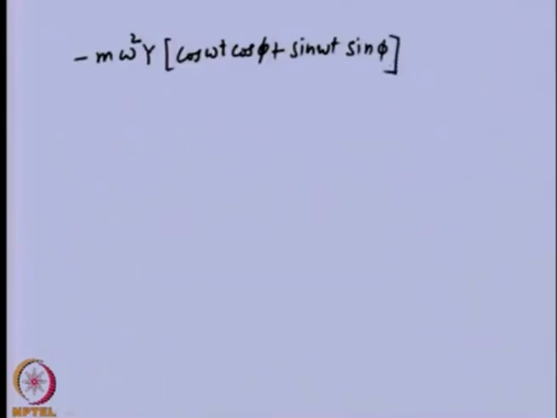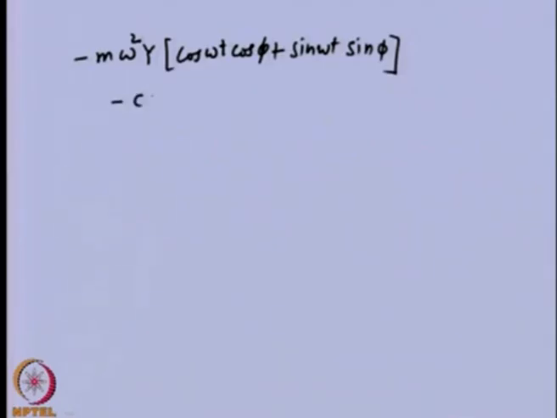So, m omega square y cos omega t cos phi plus sin omega t sin phi. This was the first term, the inertia term.